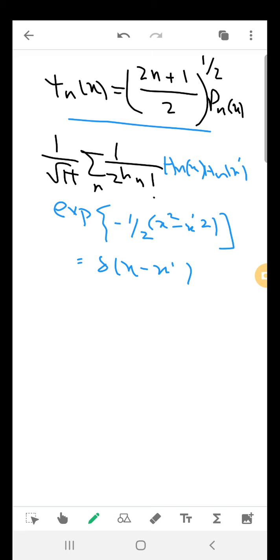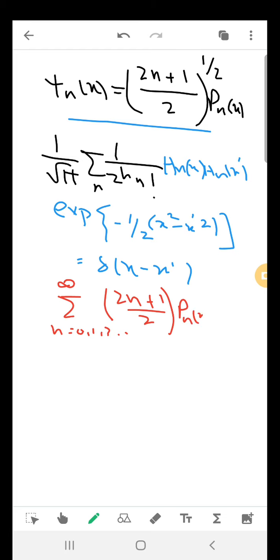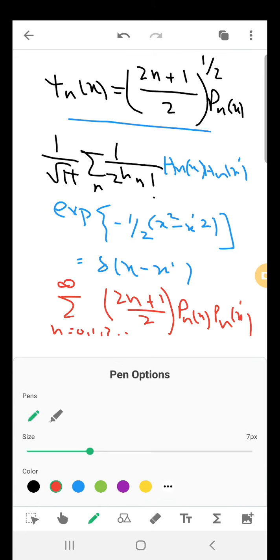And to plot the function, summation n is equal to 0, 1, 2 to infinity, 2n plus 1 by 2 p n x to p n x dash is plotted, so it will look something like this.